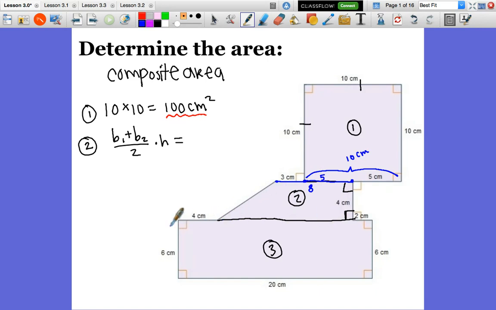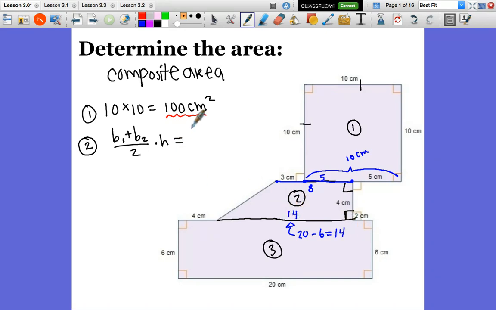Let's see. So that whole thing across has to be 20. And I knew that from looking down here. So I'm going to go 4 and I'm going to go 2. So I've gone a total of 6. To figure out this length, I'm going to do 20, take away the 6 that we've already accounted for. That's going to give me 14.